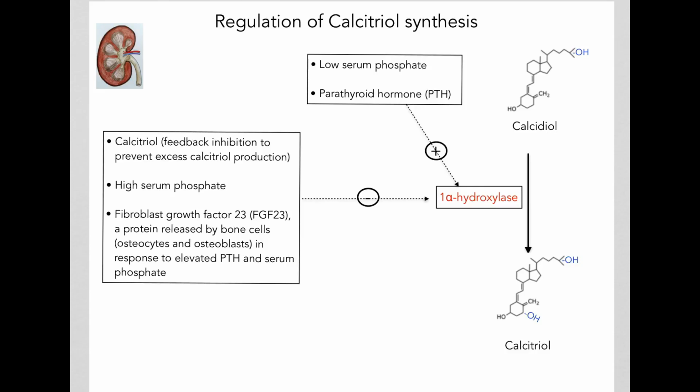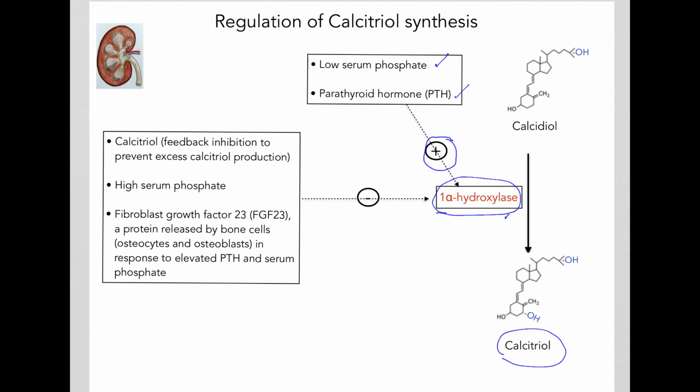So as mentioned, calcitriol is synthesized in the kidneys using the enzyme 1-alpha hydroxylase. Now there are several biomolecules that control the synthesis of calcitriol by regulating this enzyme, 1-alpha hydroxylase. Low serum phosphate as well as parathyroid hormone stimulates this enzyme.